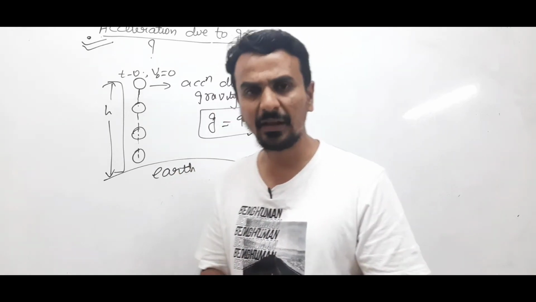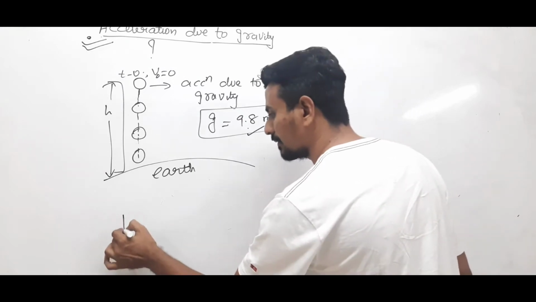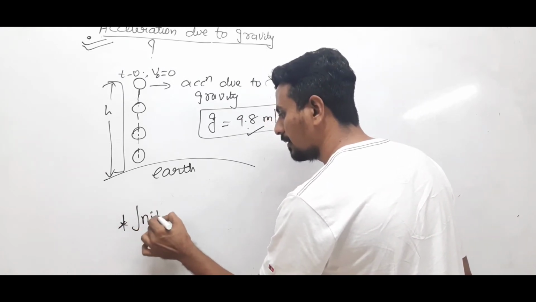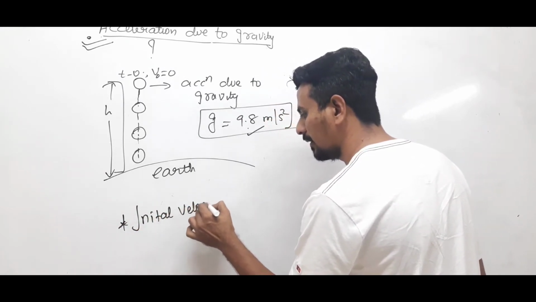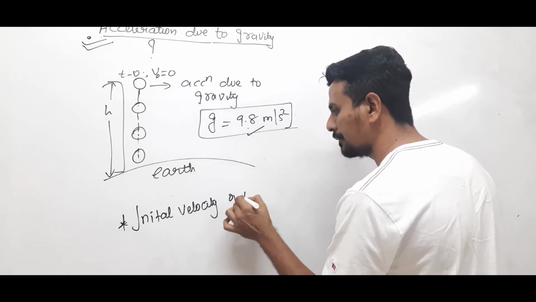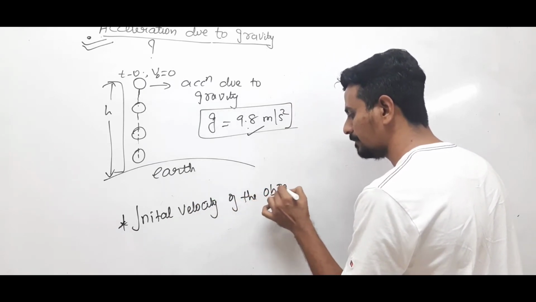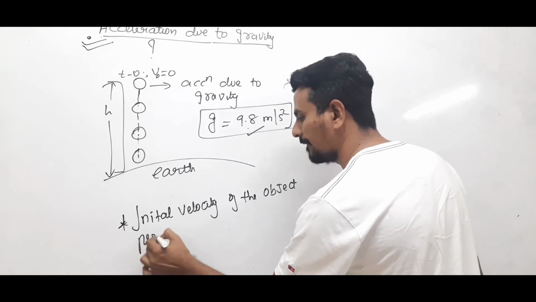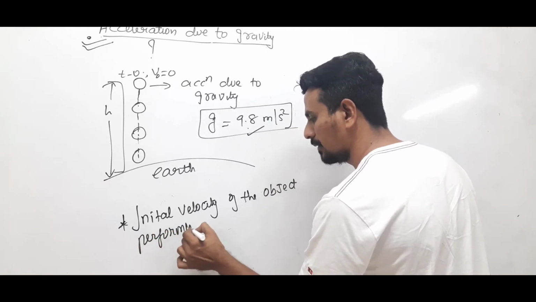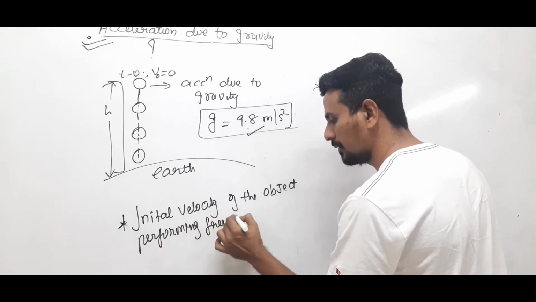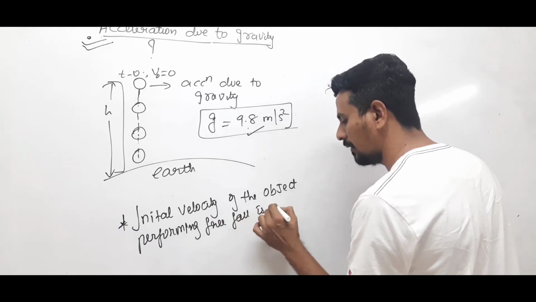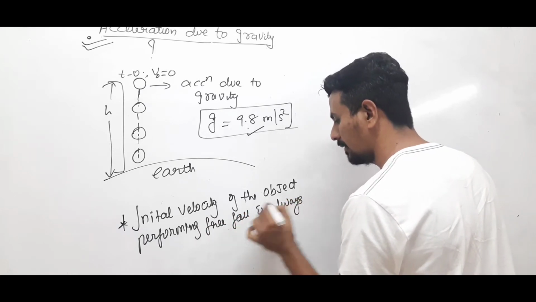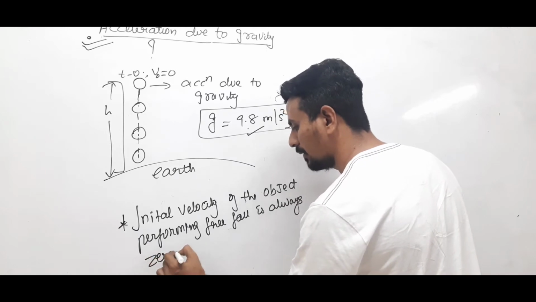Initial velocity of the object performing free fall is always 0.